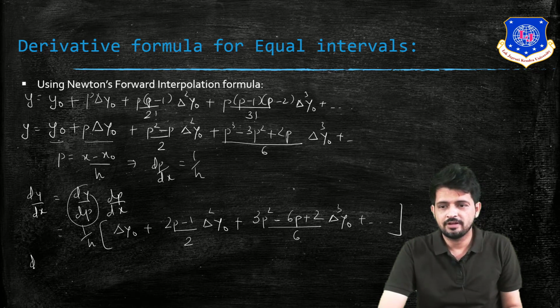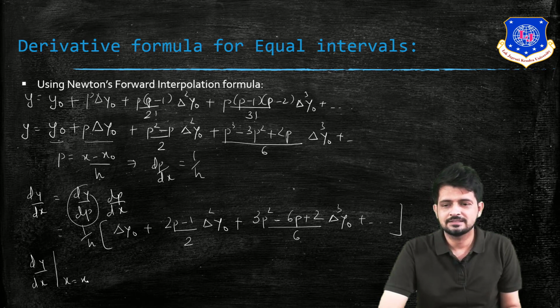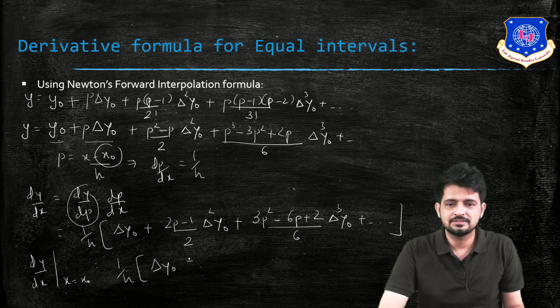Okay, now if I want to find the formula for dy by dx at x is equal to x0. See, if I am taking x is equal to x0 here, so what will be my p? My p will be 0. Okay, my p will be 0. So rewriting the equation, it can be written as 1 upon h into del y0 plus, p is 0, so I can write here minus del square y0 by 2.